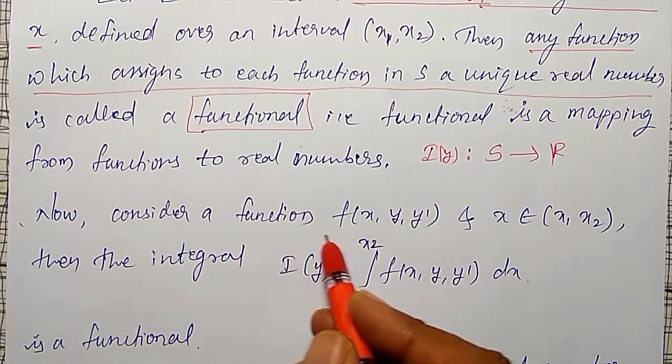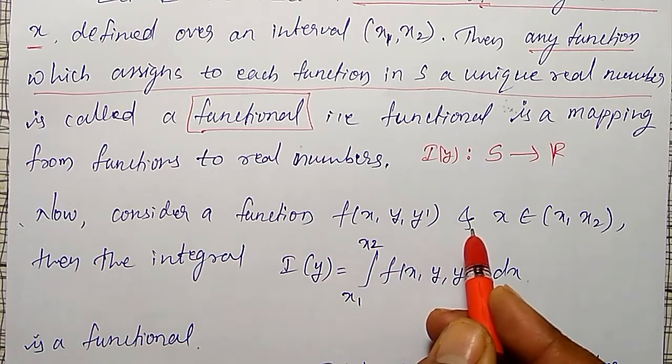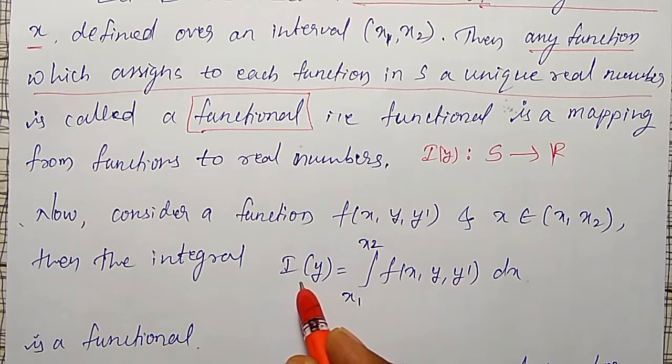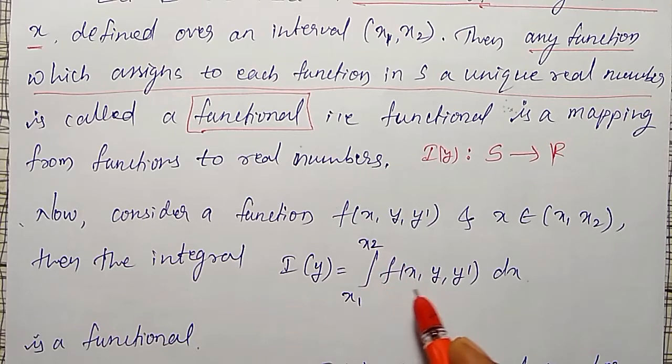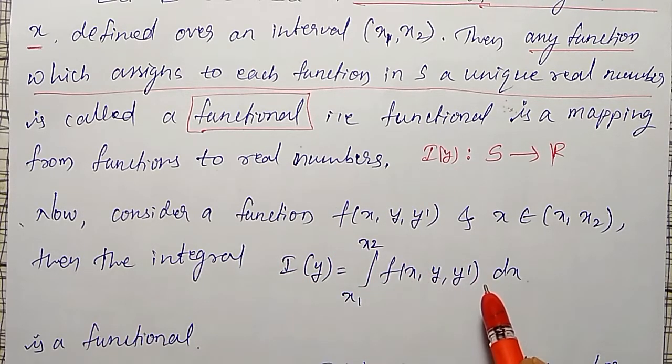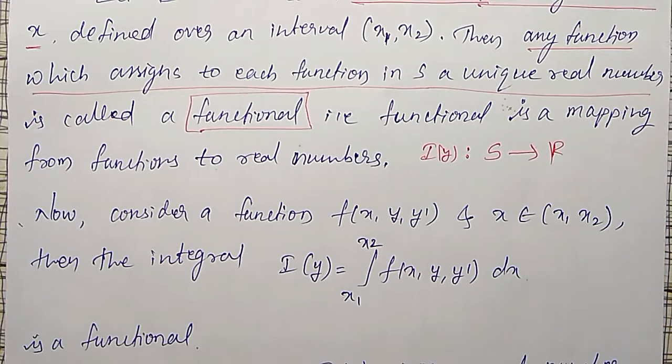Now consider a function f of x, y, y dash, with x belonging to x1 to x2. Then the integral I of y equal to the integral from x1 to x2 of f of x, y, y dash dx is known as a functional. After integrating for constants x1 and x2, it gives you a real number. For different y, it gives different real numbers. That's why it is called a functional.